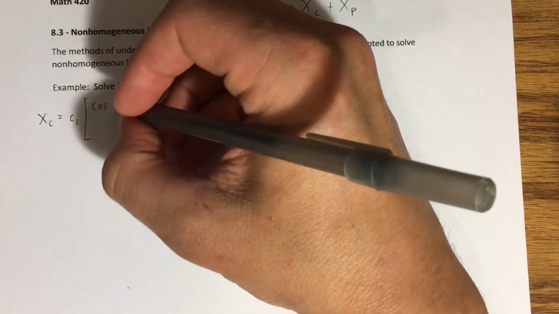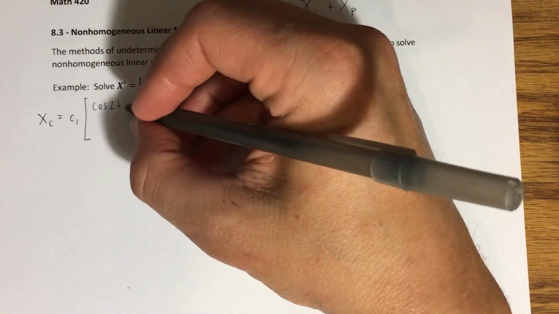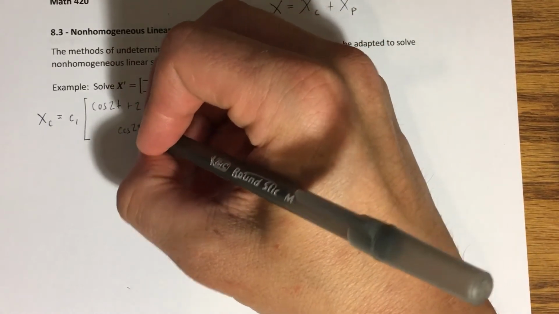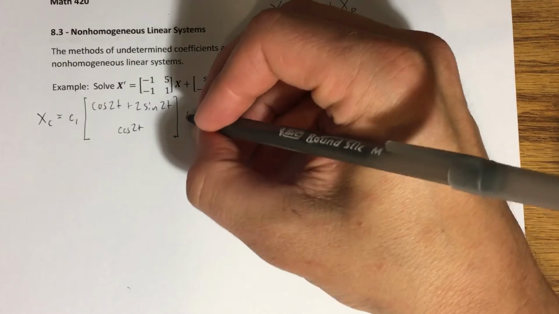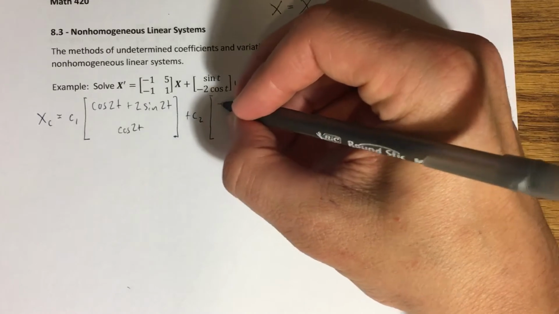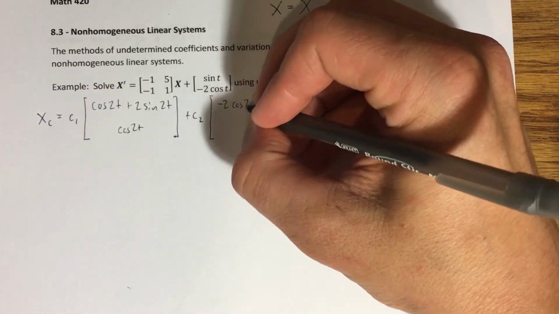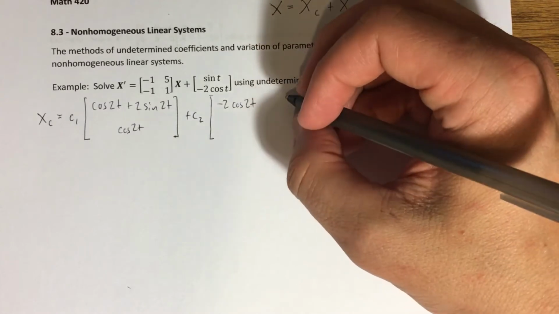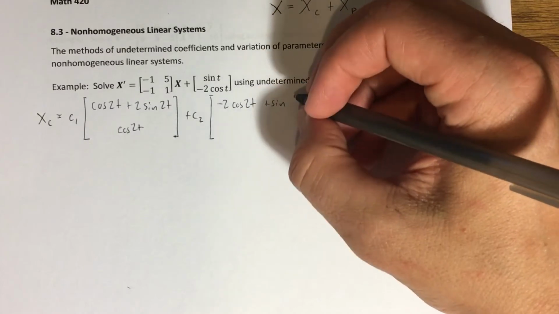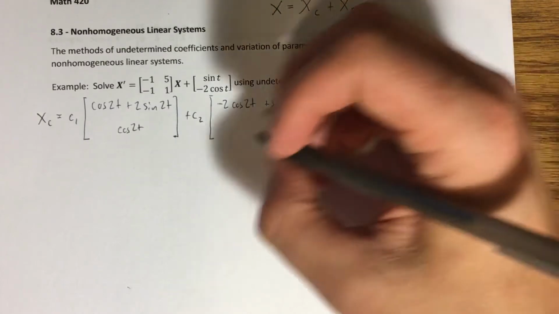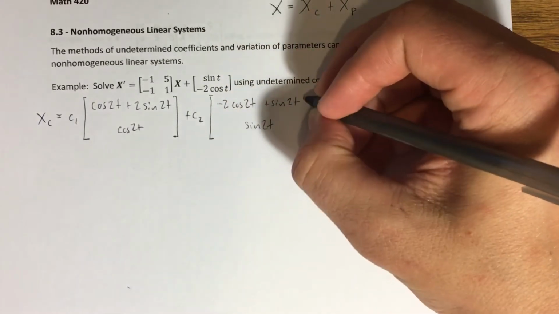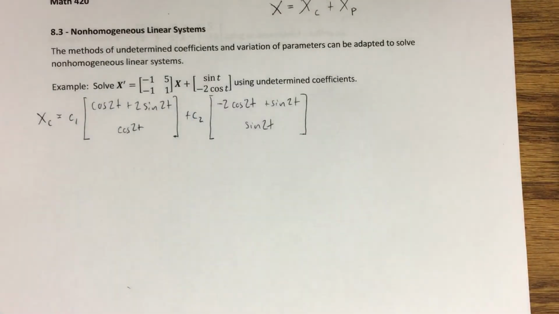Cosine of 2t plus 2 sine of 2t, and then cosine of 2t down here, plus c2 times negative 2 cosine of 2t plus sine of 2t, then sine of 2t down here. Okay, so that's our complementary solution.